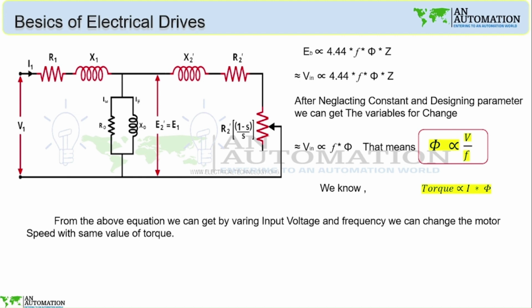Suppose a motor gives 1440 rpm at a frequency of 50 hertz and a voltage of 400. Now if we change f to 25 to get half the speed, like 700 rpm, the torque also changes. The torque gradually decreases because the ratio is low.